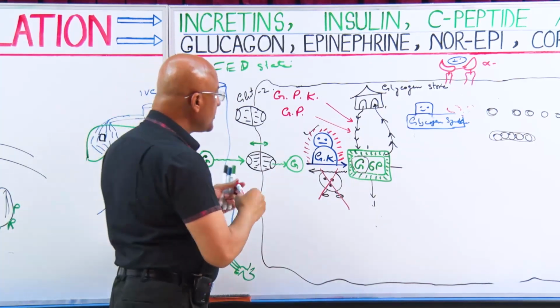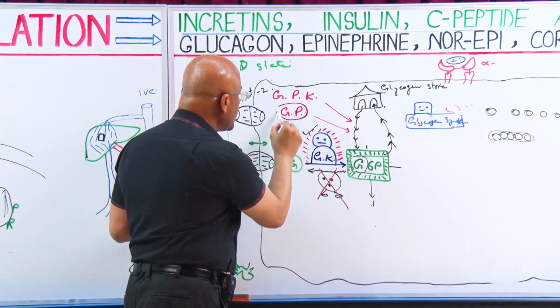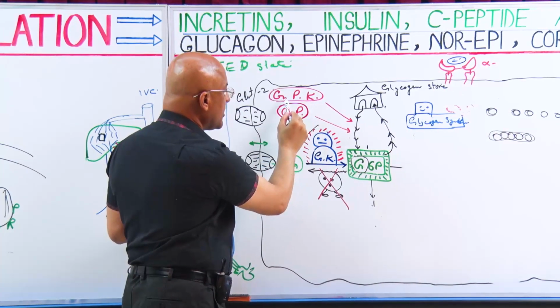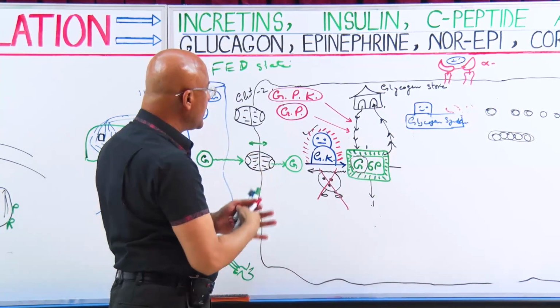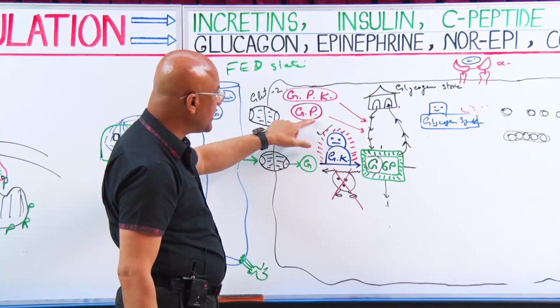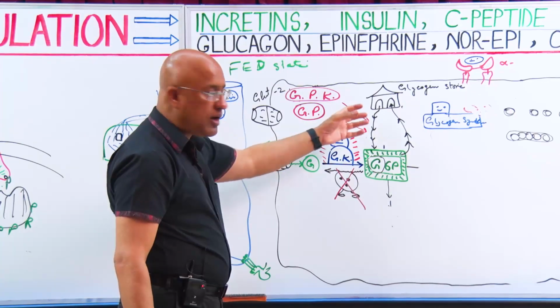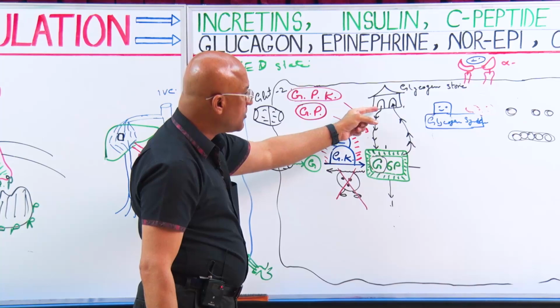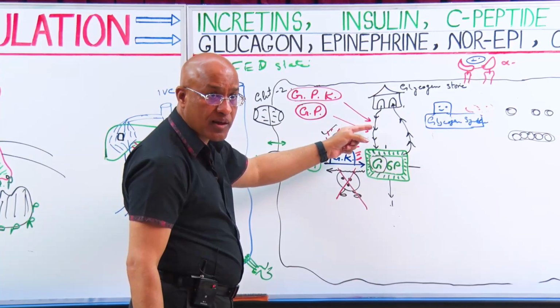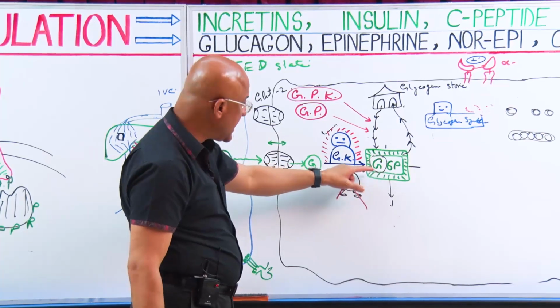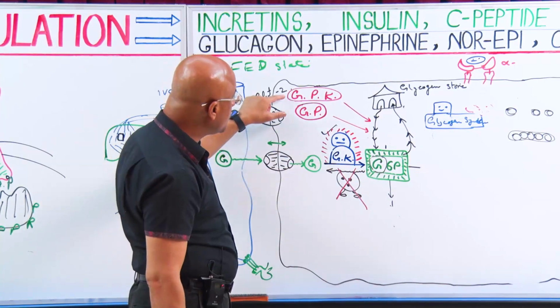Now listen, when these two enzymes are activated, glycogen phosphorylase actually removes the glucose molecule from the glycogen polymers, right? And eventually the cell has a lot of glucose 6-phosphate and then glucose will go out.